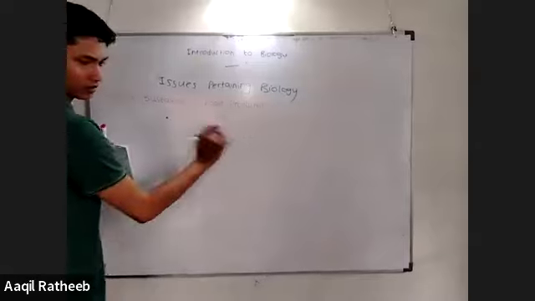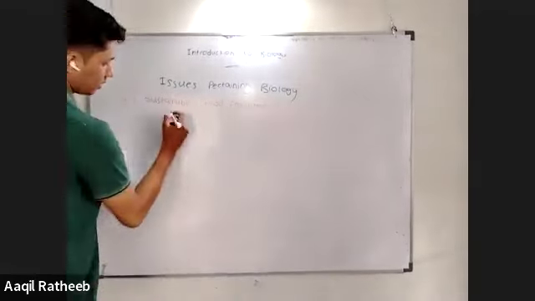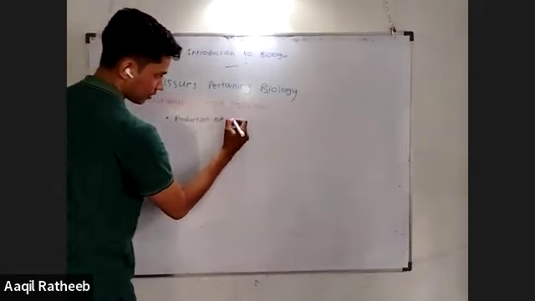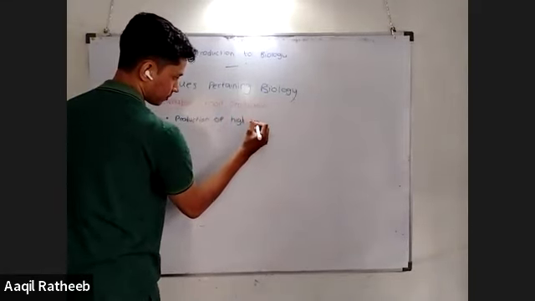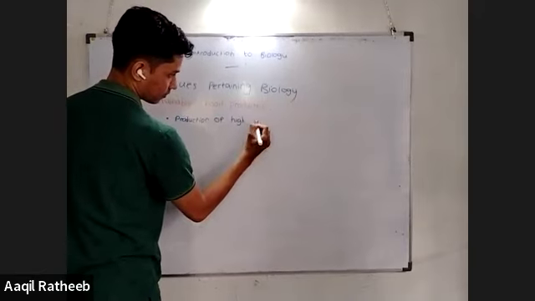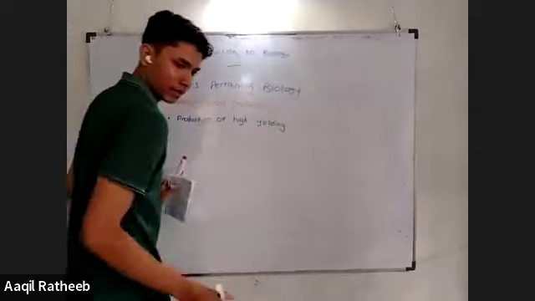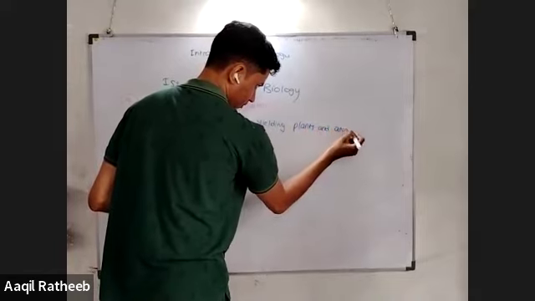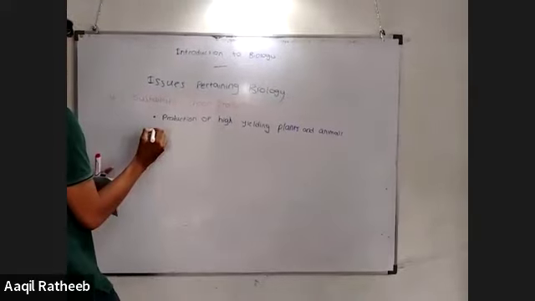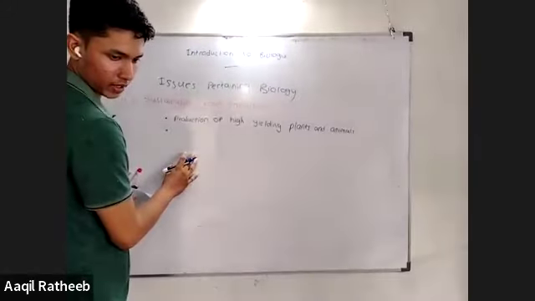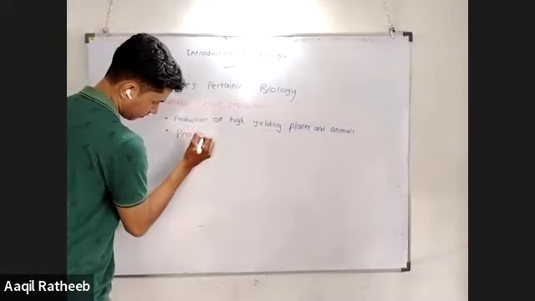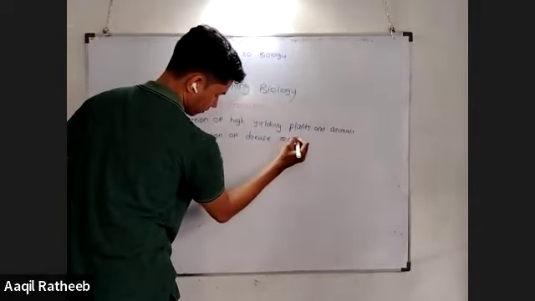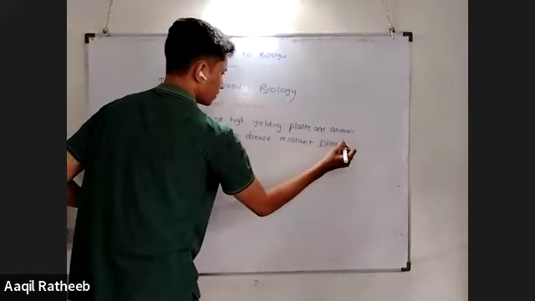Write it down with me. Number one, production of high yielding plants and animals. I'll explain what it is. Number two, production of disease resistant plants and animals.